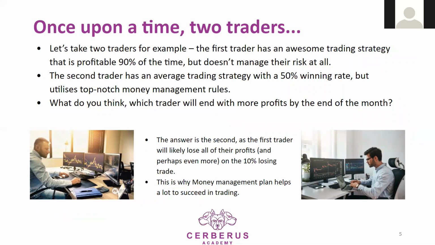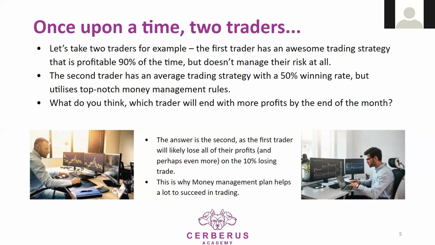Because if we have two different traders, and one has an incredibly good strategy with 90% winning, but without any money management, and the other one, an average Joe, has just a good trading strategy with 50% winning, but he is using the best money management strategy and rules, at the end of the month, the second will probably be more profitable.